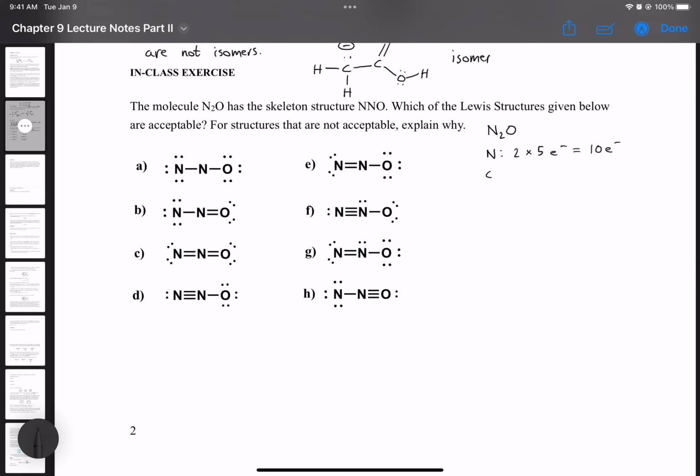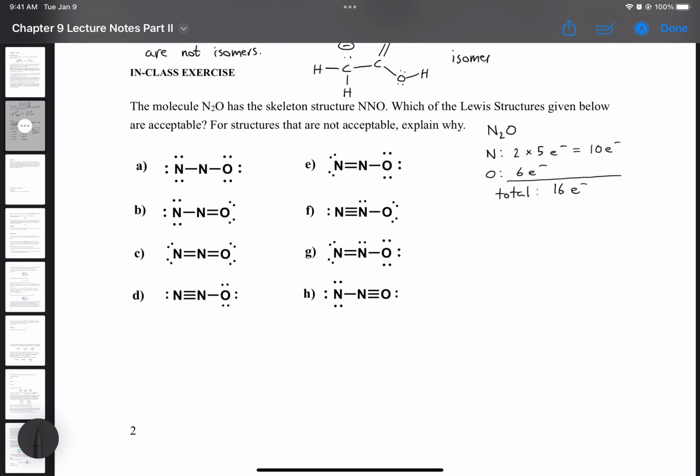And then for oxygen, we have 6 electrons for the solo oxygen atom. If we sum the total up, we get 16 electrons. Okay, so which ones are valid? Which ones have 16 electrons?